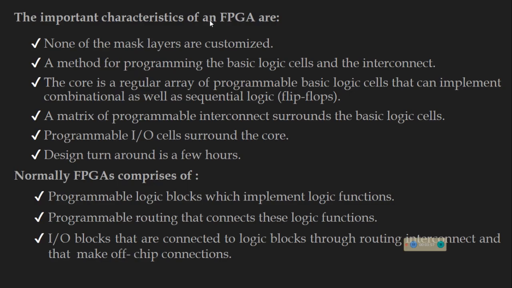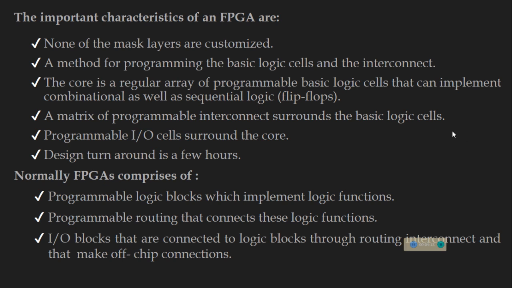And these are the important characteristics of the FPGA. Here, none of the mask layers are going to be customized. And also, these comprise only basic logic cells and the interconnect. In general, we can implement the entire logic cells by making use of combinational logic as well as sequential logic.